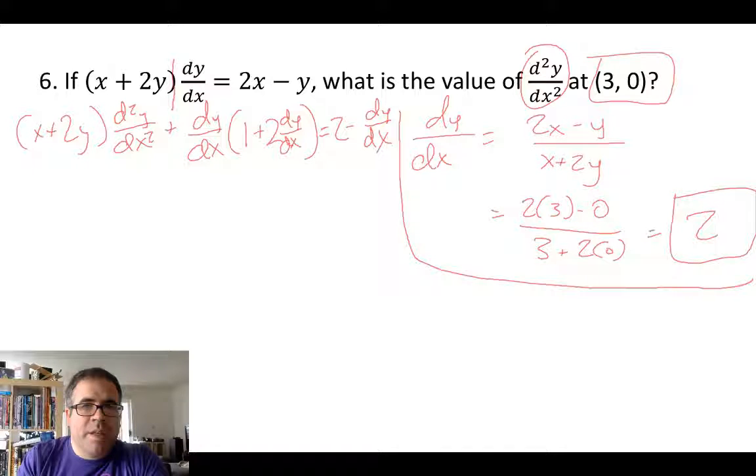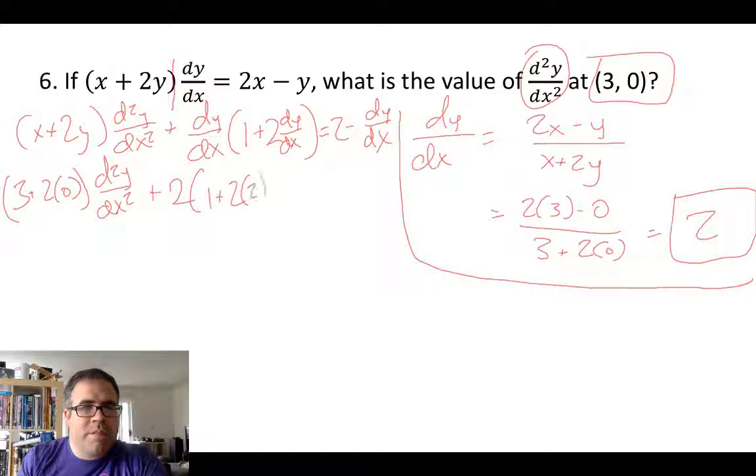Let's go over here. We have 3 plus 2 times 0, times what we want, plus 2 times 1 plus 2 times 2, equals 2 minus 2.